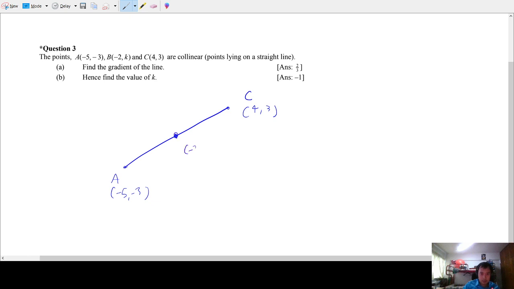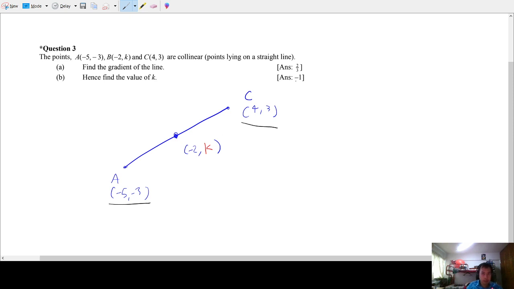It gives us a K. I'm just going to draw it in another color. We need to find out what K is later on. So this is how I set up the question. Is this giving you some clues on how to solve it? Finding the gradient, we'll just use A and C, because A and C can tell you the gradient. These are pure numbers.